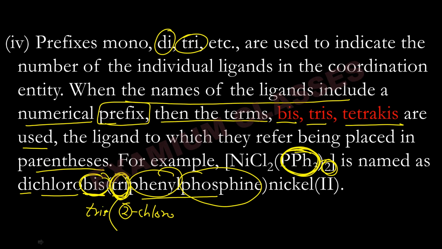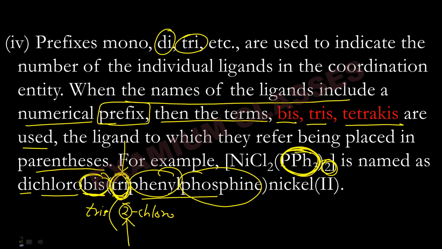So if you already have numbering here, you will not use di, tri, etc. You will use bis, tris, tetrakis. Is that clear? You need to say that when a ligand has again some substituent, then we use this tetrakis. Yes. In simple way, you cannot have di or tri, etc. in succession.